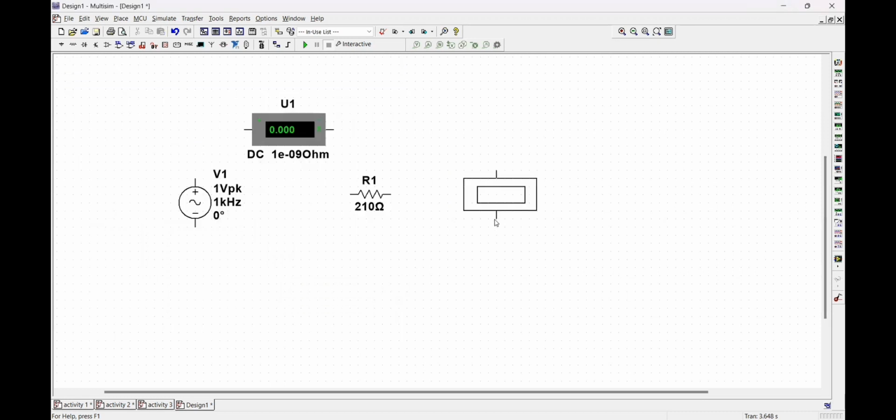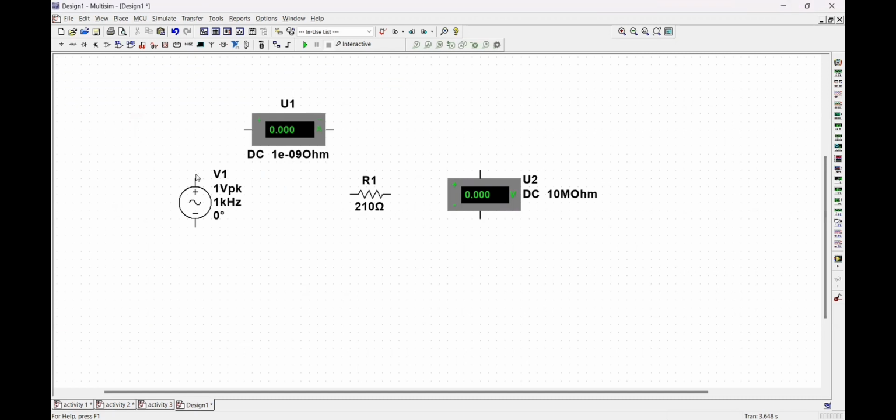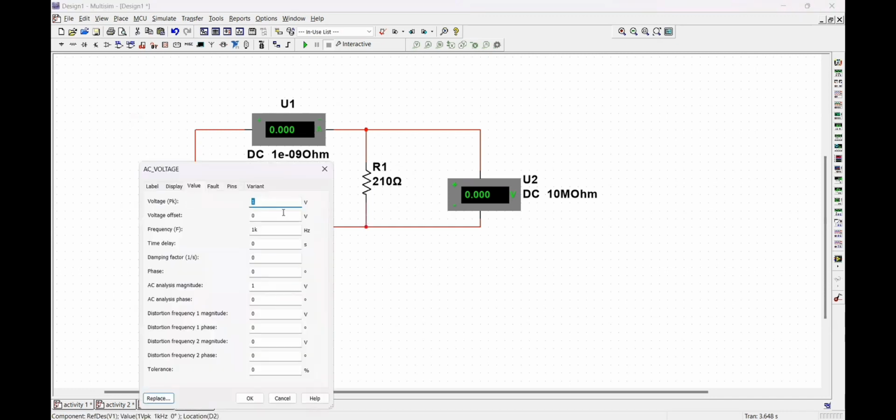We choose vertical, and then we connect all of the electronics. Then you have to choose 50 volt, 50 hertz, and 10 volt.